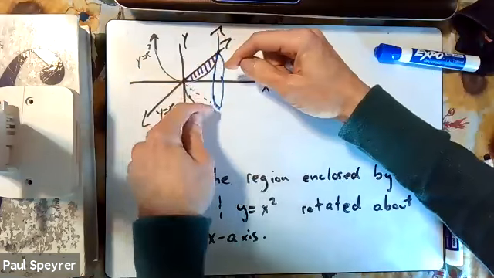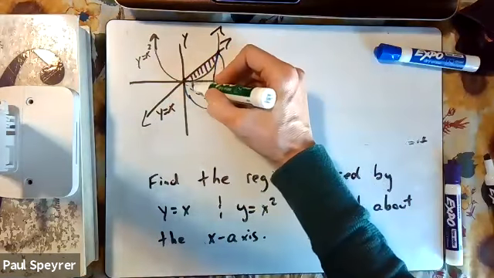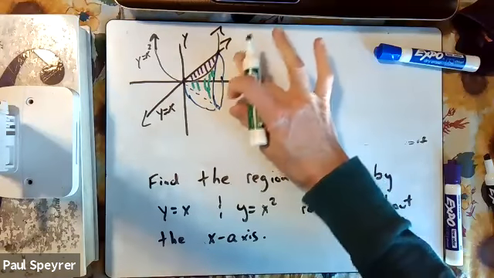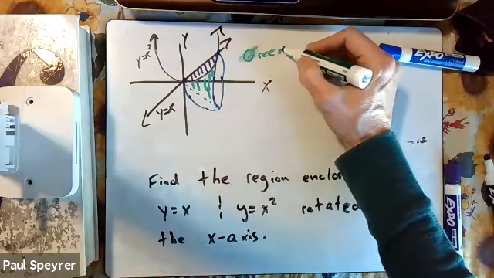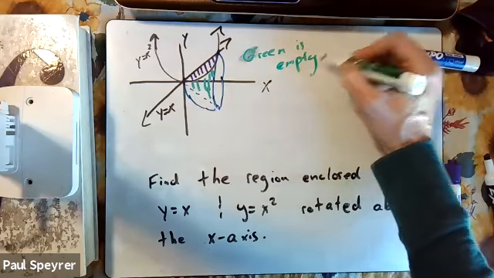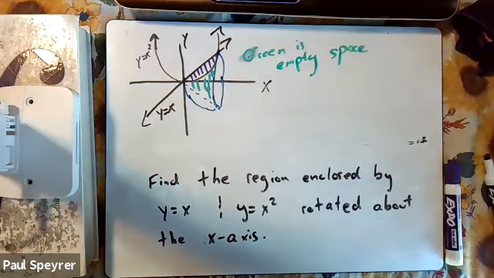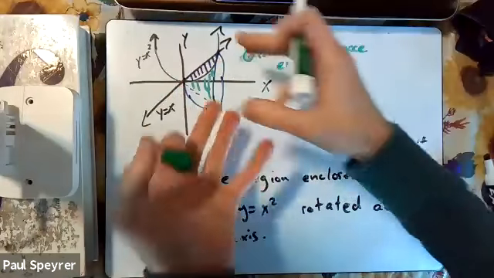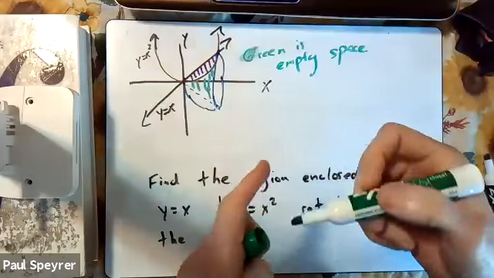You're going to have stuff here and stuff here, but all this stuff in between, basically this green right here, is empty space. There's a kind of hole or holes that exist within this curve right here.